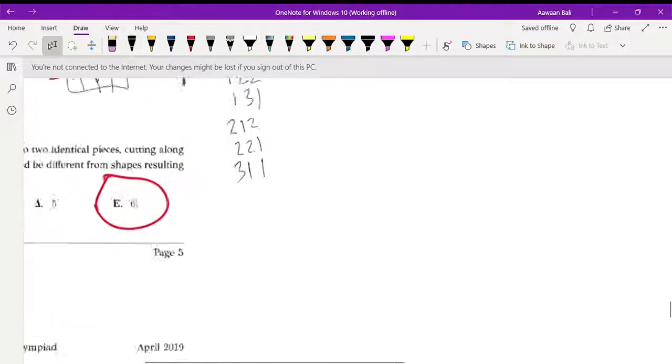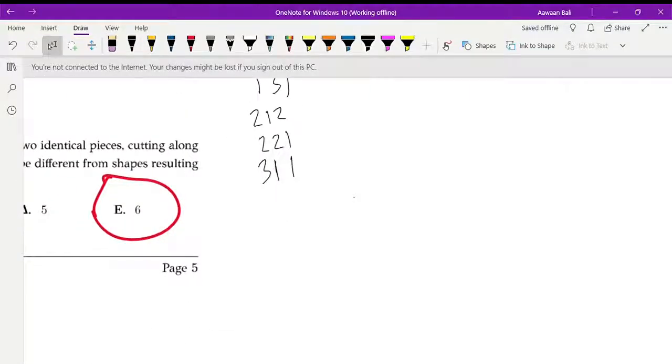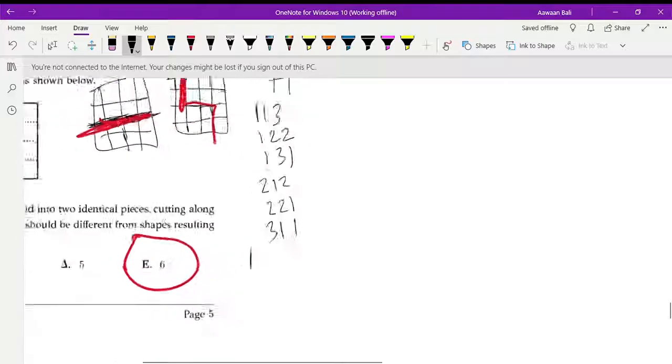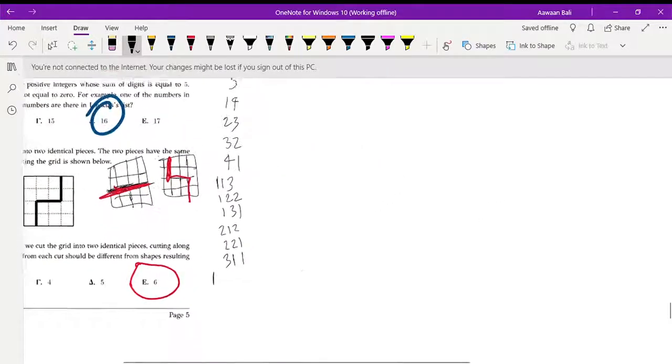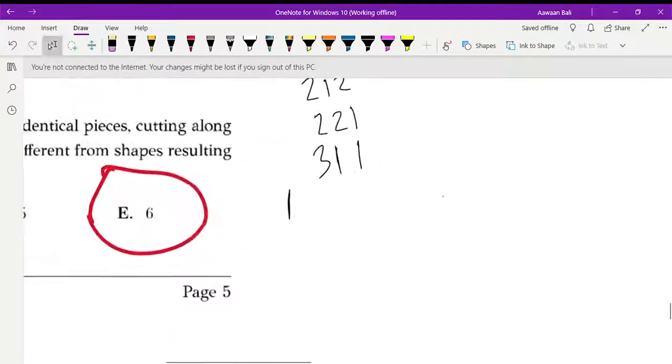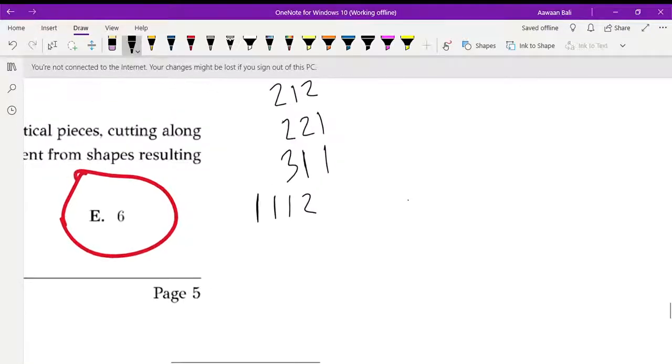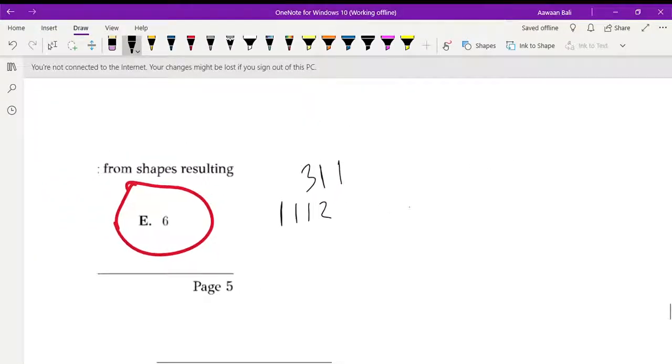But then we can go to 4-digit numbers as well. So let's say the first digit is 1. Wait, no, sorry. The rest of the sum has to be 4, and they're 3 digits. So we can say 1112. That's easy.